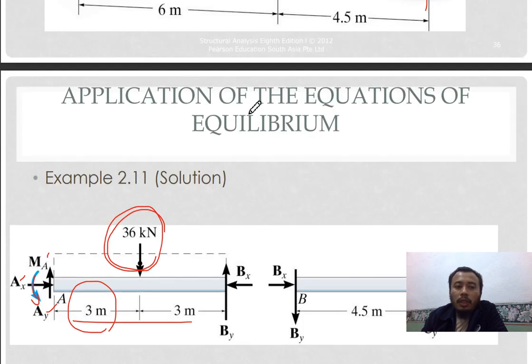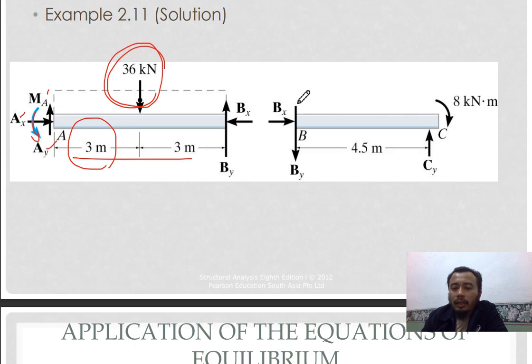So make sure that you make corrections to your free body diagram, because when you are dealing with two members, the force acting at the joint will be in the opposite direction. As in this example, when the solution shows that By is acting downwards, then By on the other member will be acting in the opposite direction.